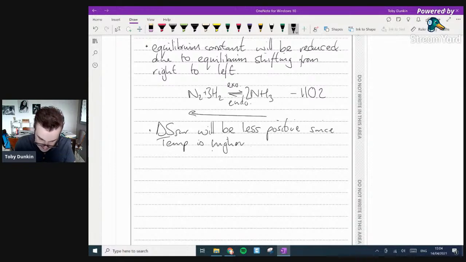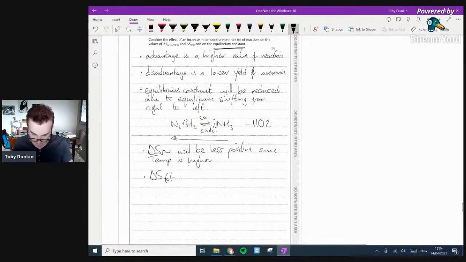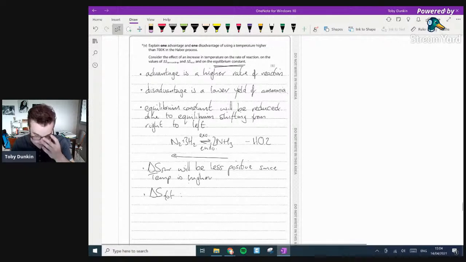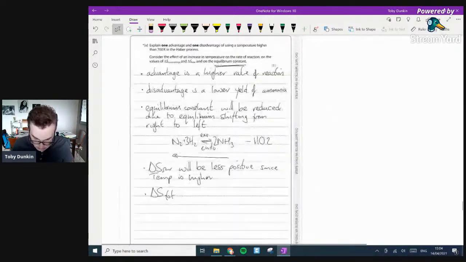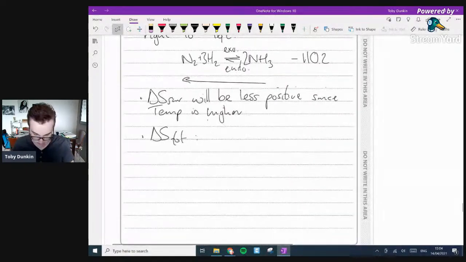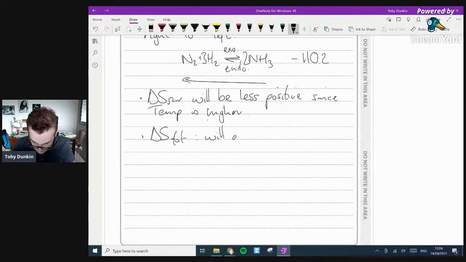Okay, now what effect does this have on delta S total? Therefore, delta S system will be less positive, and the delta S total will therefore also be less positive.